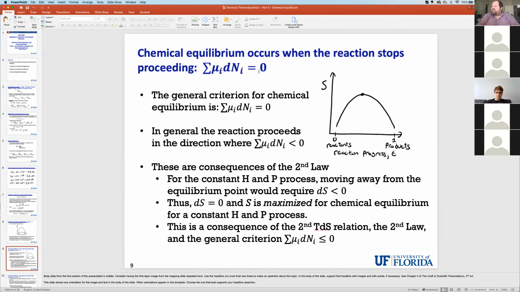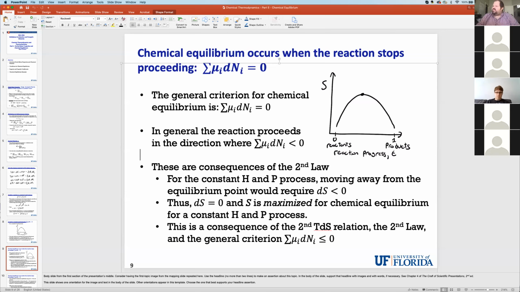Okay, this is the general condition for chemical equilibrium, and from the second law of thermodynamics, we also concluded that the sum of mu_i dNi is less than or equal to 0. It is equal to 0 if you are at equilibrium, and the reaction proceeds as long as the sum of mu_i dNi is less than 0.